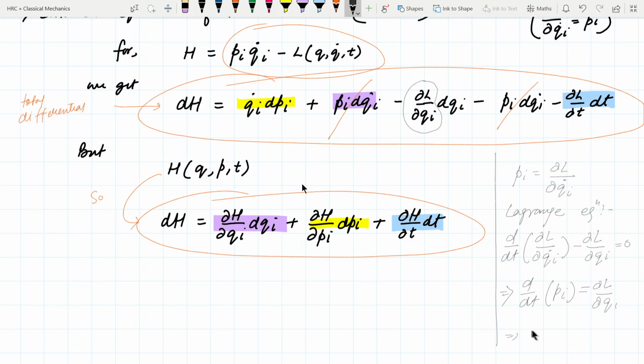So del L upon del q_i is equal to p_i dot.